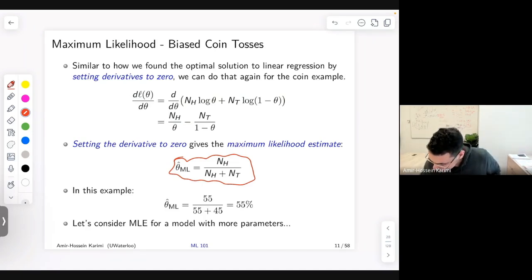That's why there's a subscript of ML, corresponding not to machine learning but to maximum likelihood, to the closed form expression here: the ratio of NH over NH plus NT, which is just N, all the trials that we have. So in this case, we don't need to explicitly plot out the values of the likelihoods and the logs and go over multiple different values of theta. We have the closed form expression already telling us that the best value in terms of the maximum likelihood estimator is 55%.